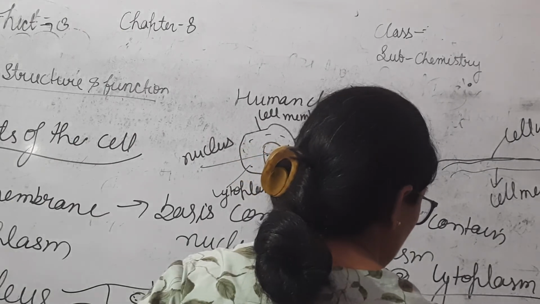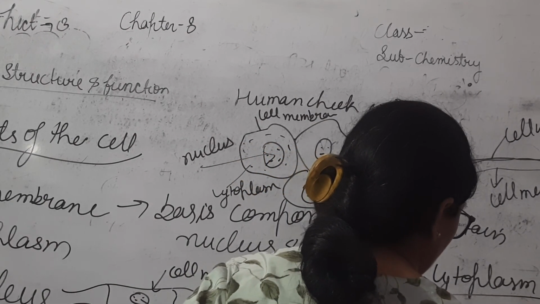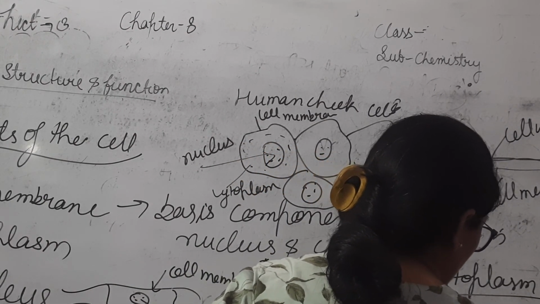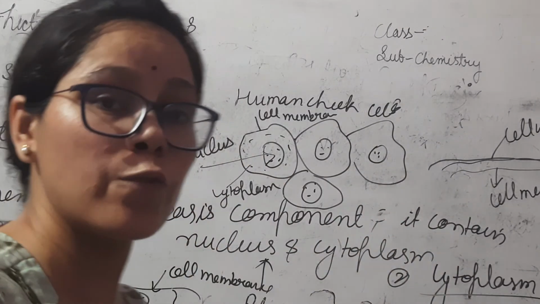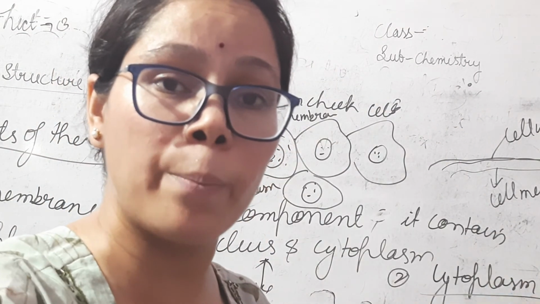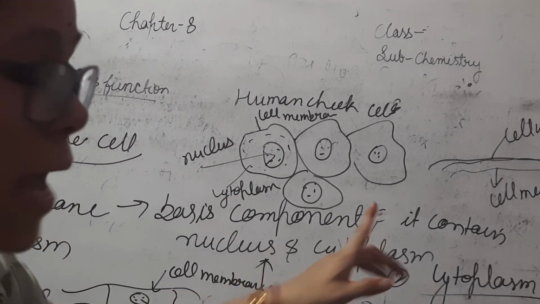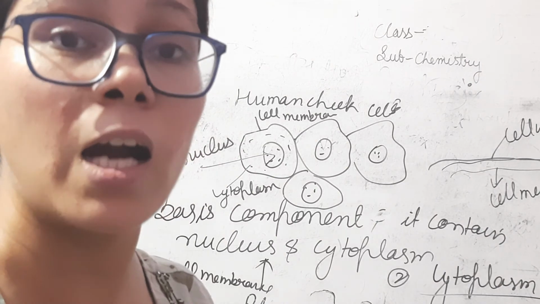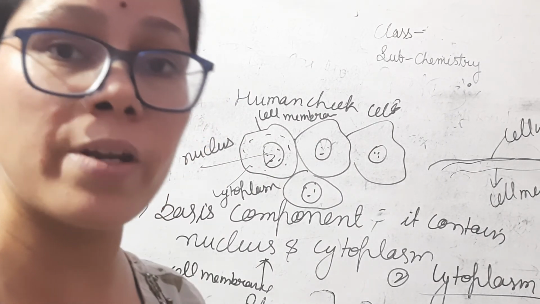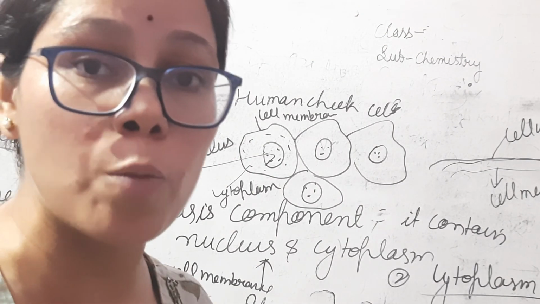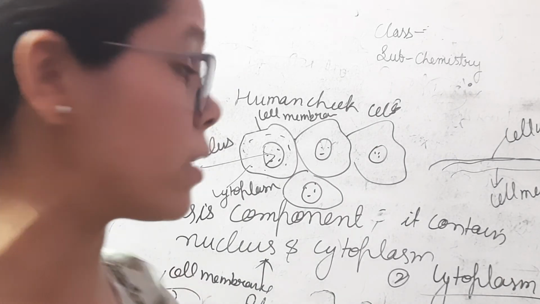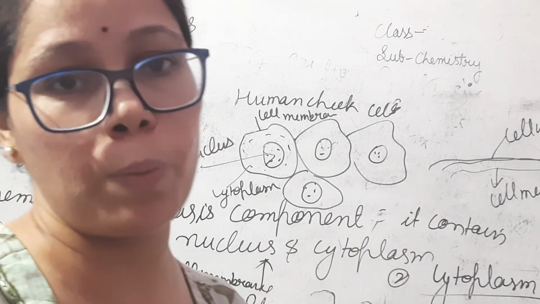In this cytoplasm, various cell organelles are present. For example, mitochondria, Golgi apparatus, ribosomes. These cell organelles are present in the cytoplasm.